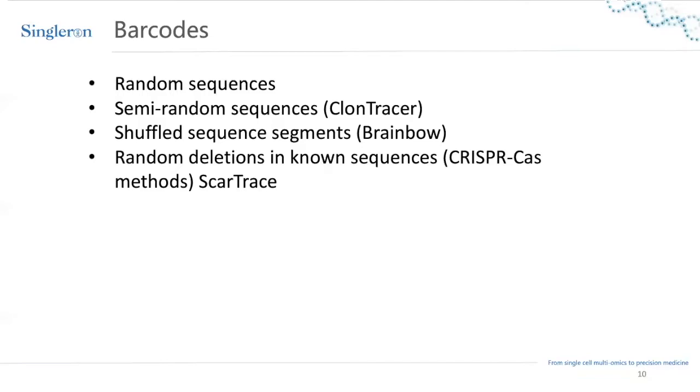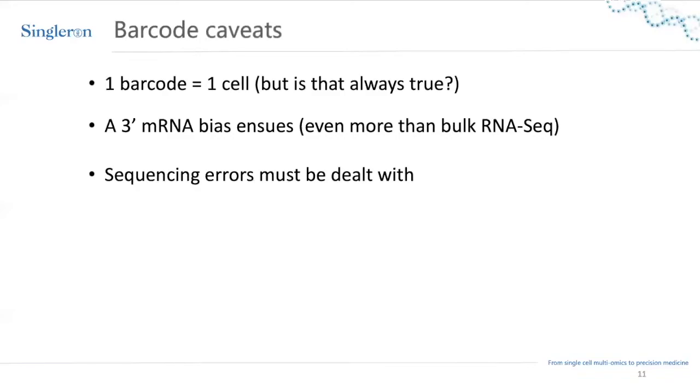In this case, we are using semi-random sequences. So that means one barcode is actually one cell, but is that always true? This is something we are going to talk about towards the end of the webinar.